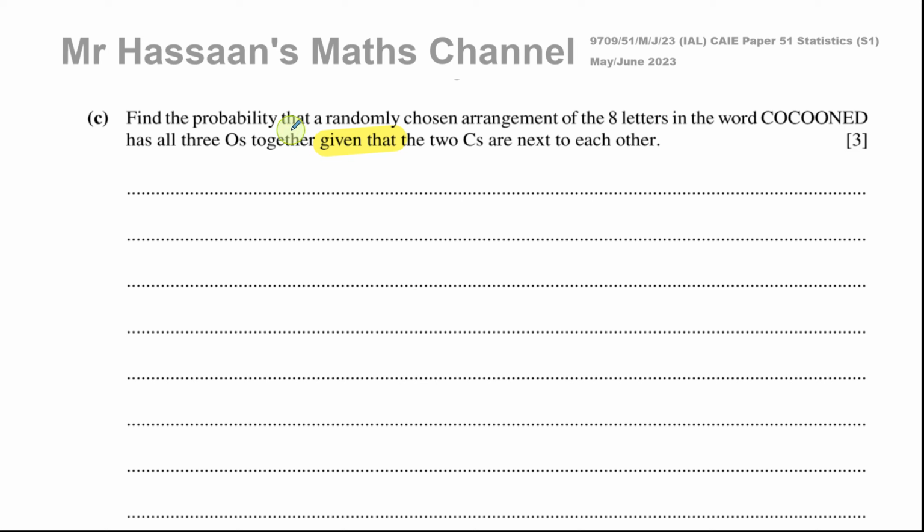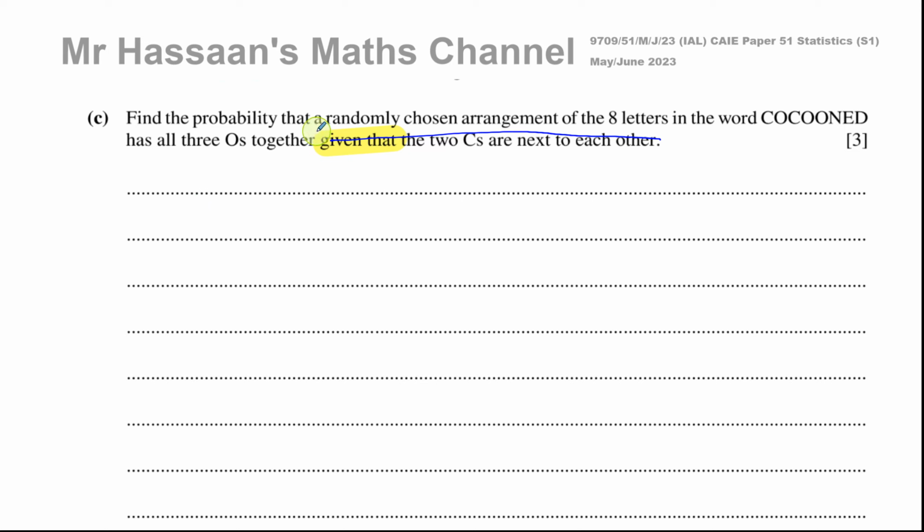So if the question just said, find the probability that the randomly chosen arrangement of the letters in the word cocooned has all three O's together, and this part wasn't there, then we'd have to find the number of ways of having all three O's next to each other, and then divide by the total unrestricted arrangements which we found in part A. But this is not that question.